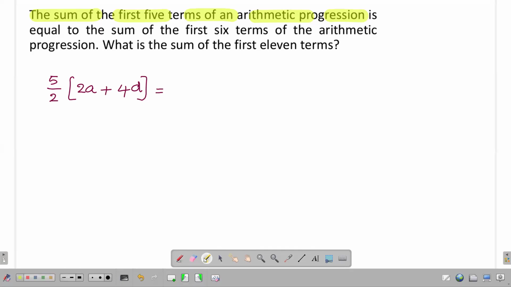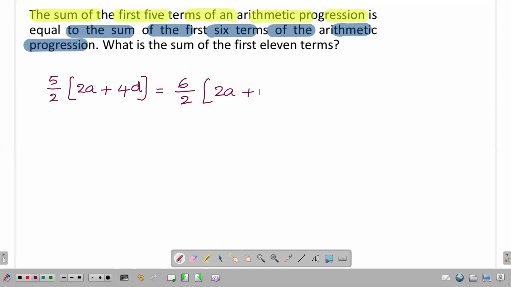They say that this is equal to the sum of the first 6 terms of this arithmetic progression. So that will be 6 by 2 times 2a plus (n minus 1) into d, that is 5d. Now we can see that this 2 and this 2 can be cancelled.